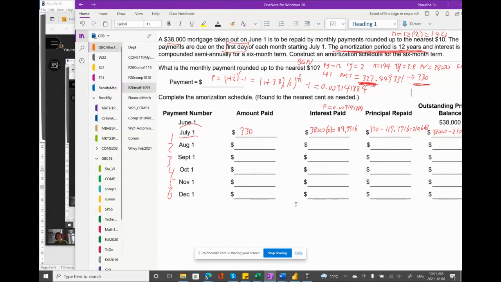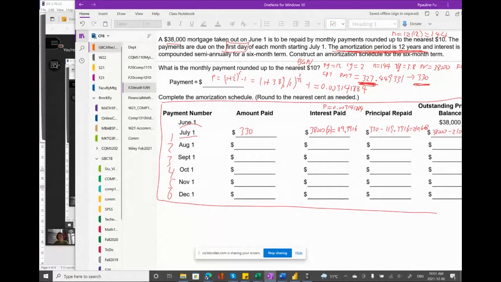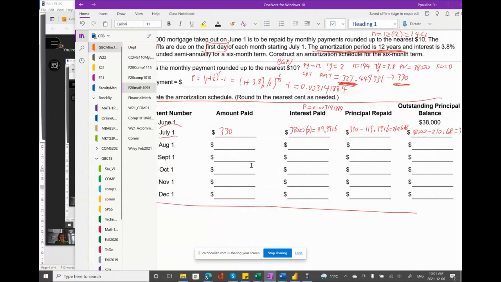In Excel, you construct a table like this, and then you do the calculation.